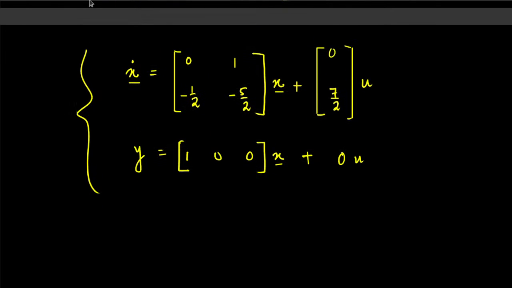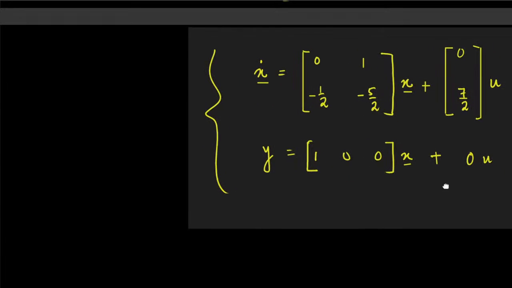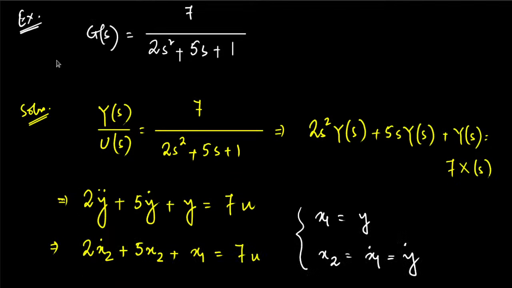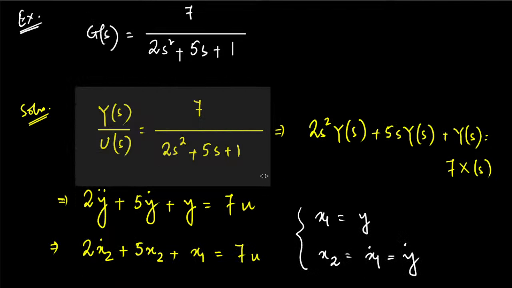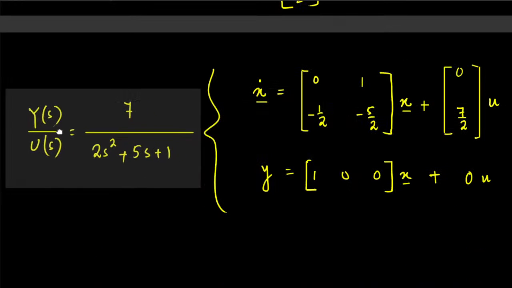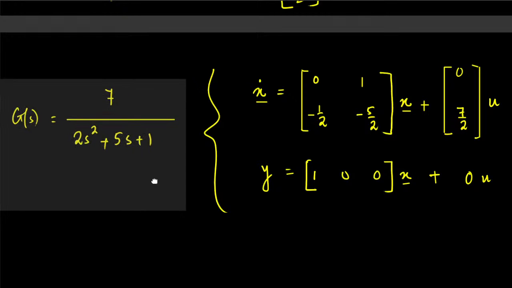Let me do one thing right now. Let me keep this here, and let me bring down the transfer function. I want you to see some useful things about it, some patterns in it.